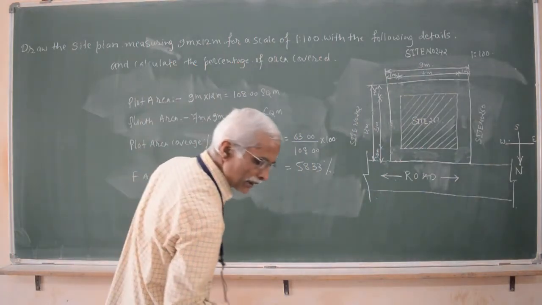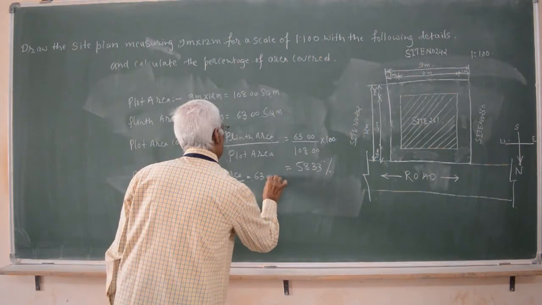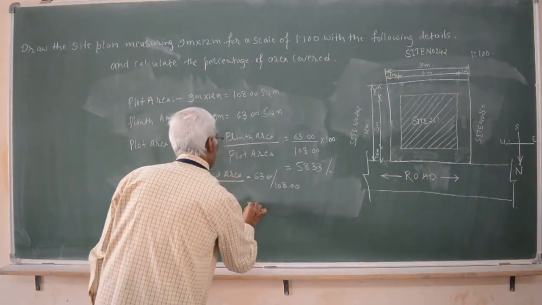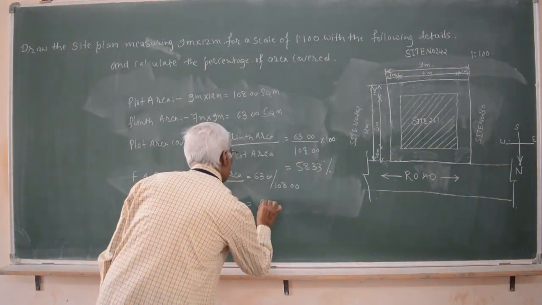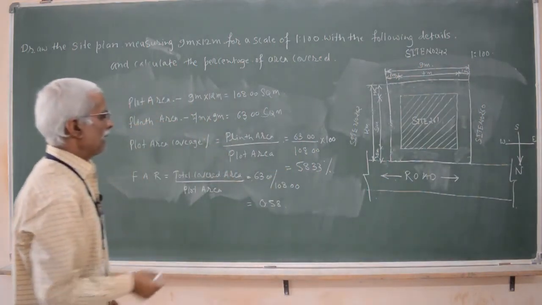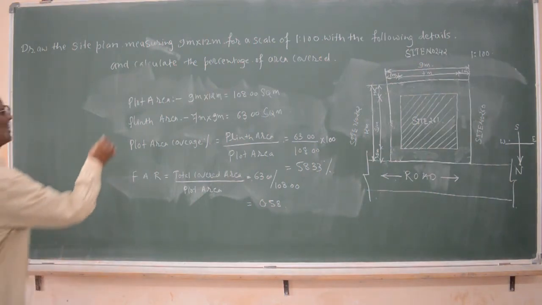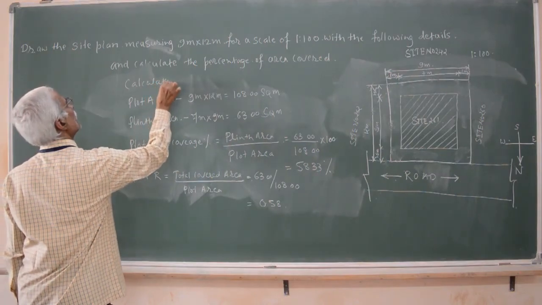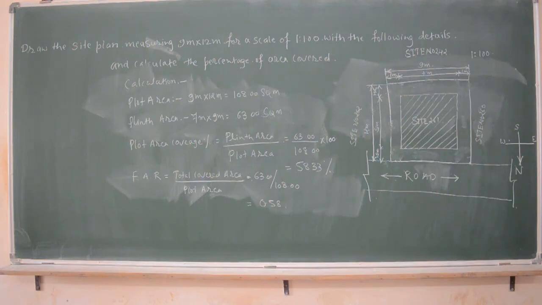Total covered area is already 63.00, divided by 108.00. That comes to about 0.58. That completes your drawing as well as the calculation part. Yes, thank you.